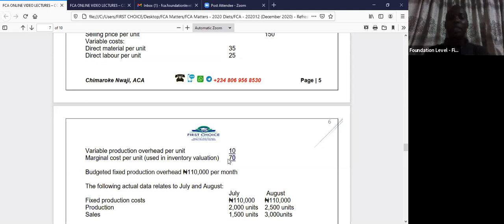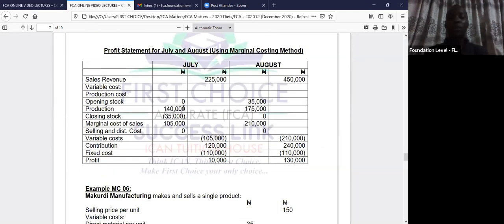So we have 70 naira for 1 unit. When you use 70 naira for 1 unit and you produced 2,000 units, 2,000 times 70 will be 140,000. So that's how we got our 140,000 here.